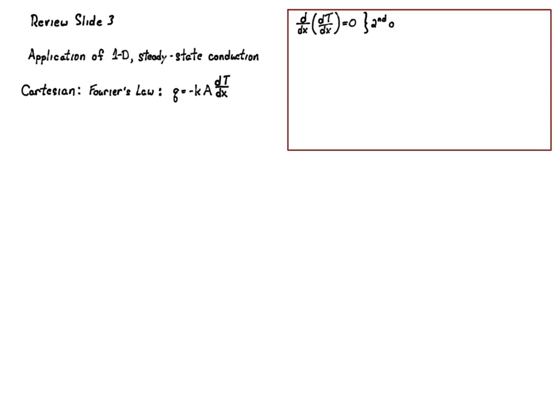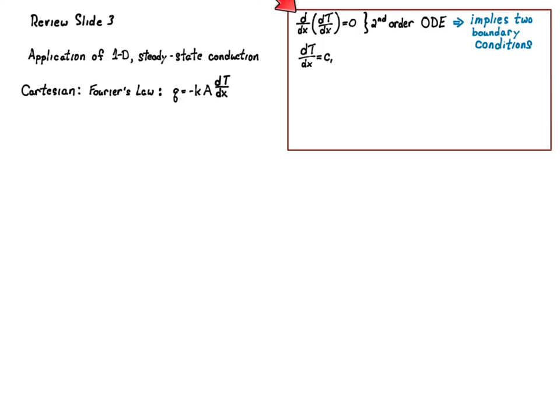So here is the expression of the 1D Cartesian heat equation, and we recognize it as being a second order ordinary differential equation. Because it's second order, it implies that there are going to be two unknown constants which we're going to need to solve for by specifying two boundary conditions.